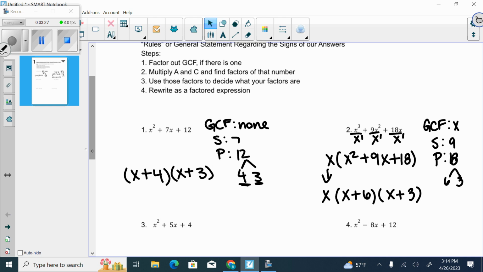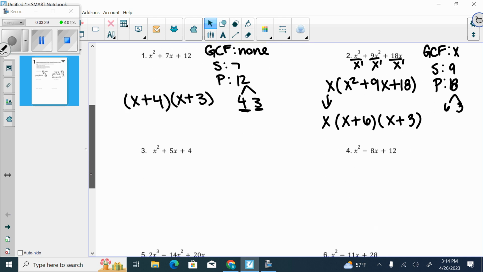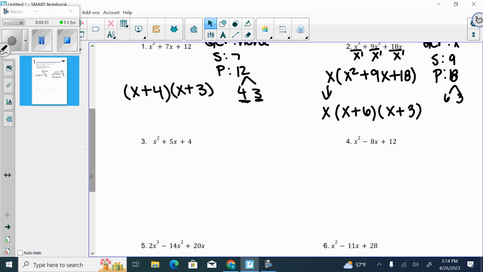All right. Number 3. Does number 3 have a GCF? No. Okay, so no GCF. What is the sum? Good. And the product? 4. All right, so what multiplies to give us 4, adds to give us 5? Very good.